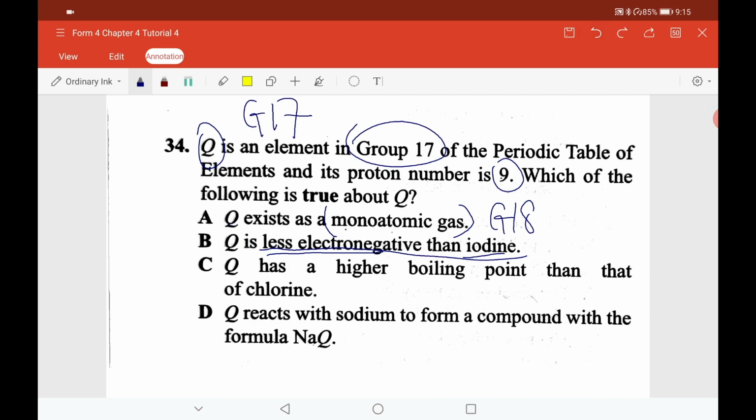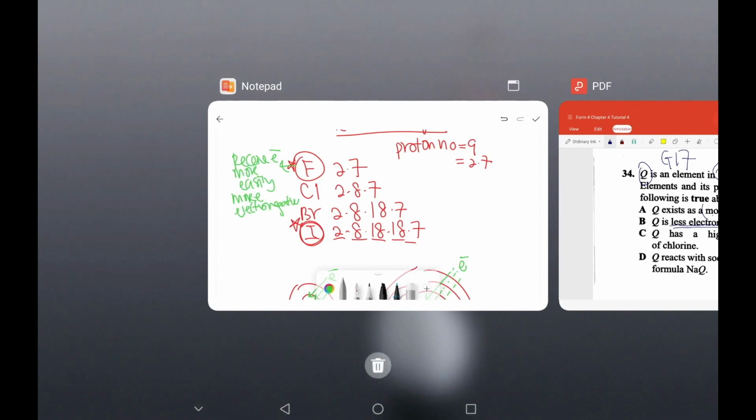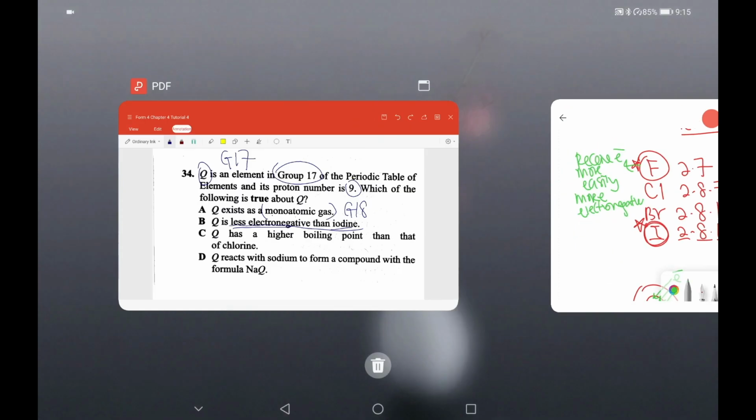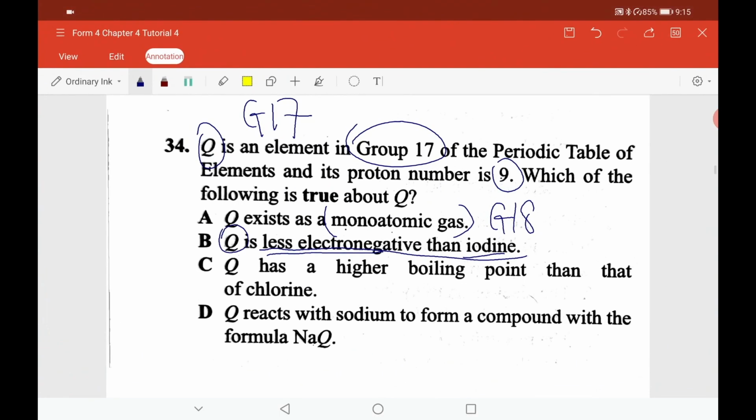So the statement that Q, which is fluorine, is less electronegative than iodine is wrong. Fluorine can receive electrons more easily than iodine, so fluorine should be more electronegative.